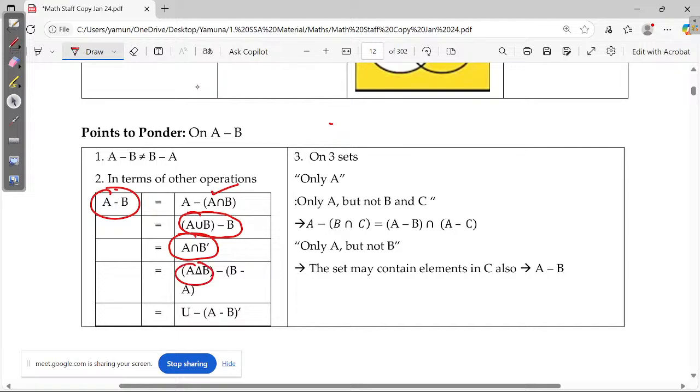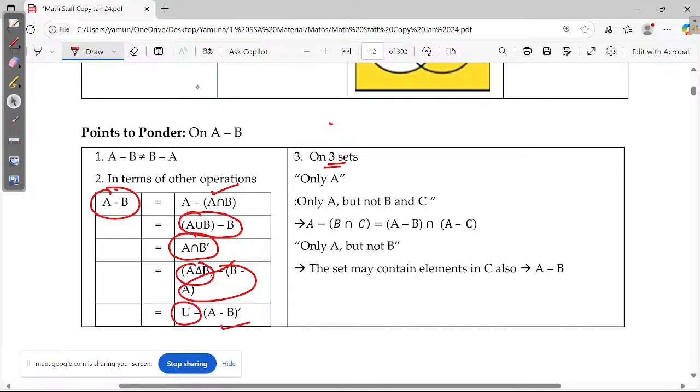A minus B can also be written as A delta B minus B minus A, or from the complete rectangle, the universal set minus A minus B the whole dash. Triangles are three-sided figures, rectangles are four-sided figures.